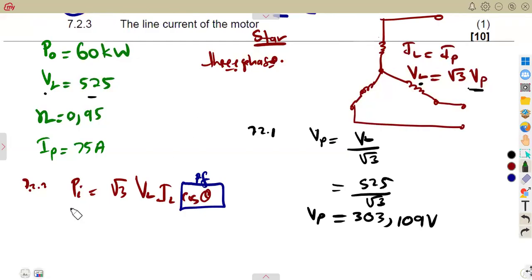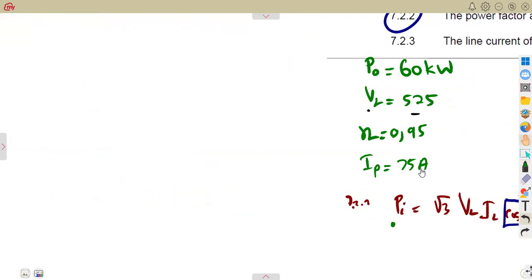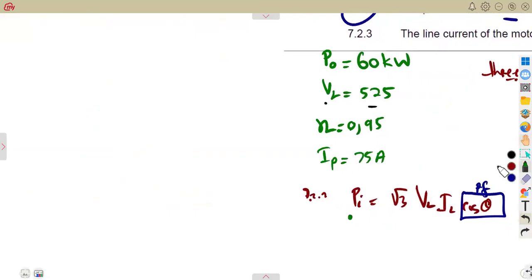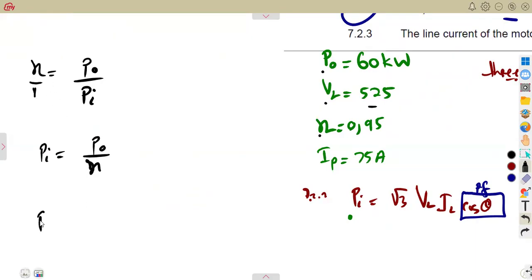But we do not have the input power. We have the output. So where are we going to obtain the input power? Remember the relationship between the input and the output, efficiency and the input power: the efficiency is output over the input. So from this, it follows that the input power is going to be P out over the efficiency. Remember, you cross multiply, then divide by the efficiency.